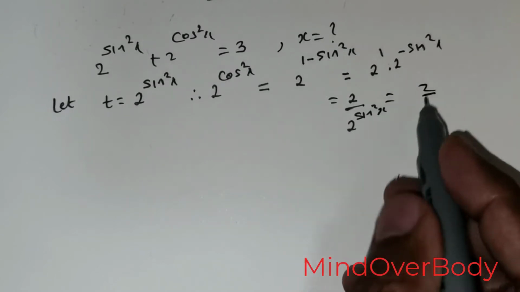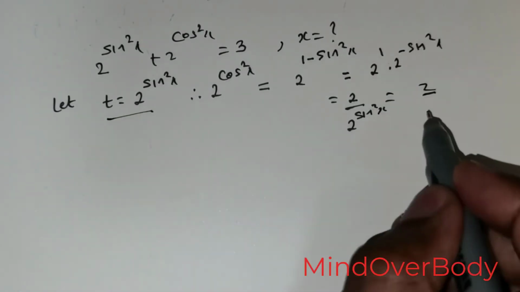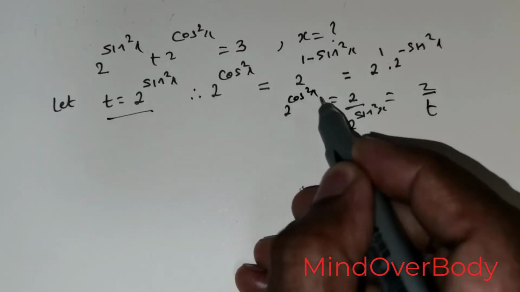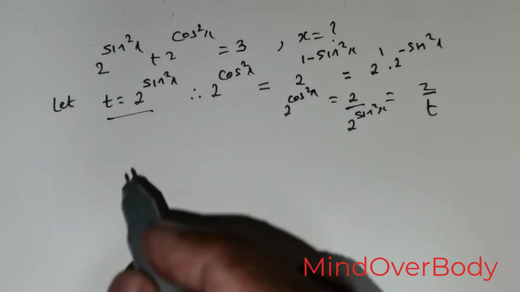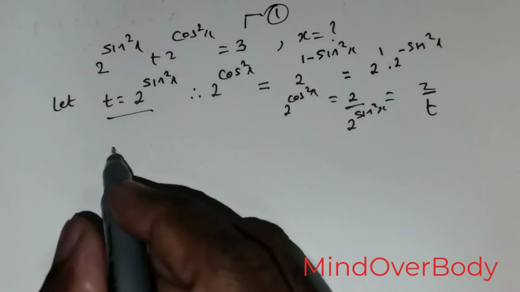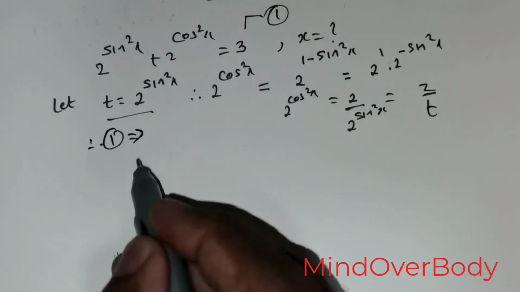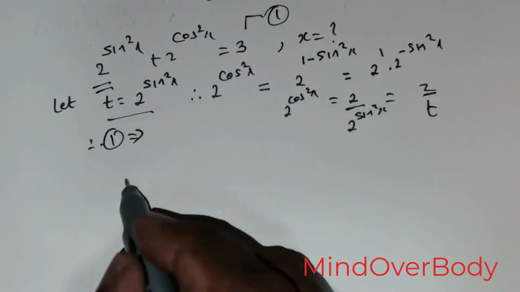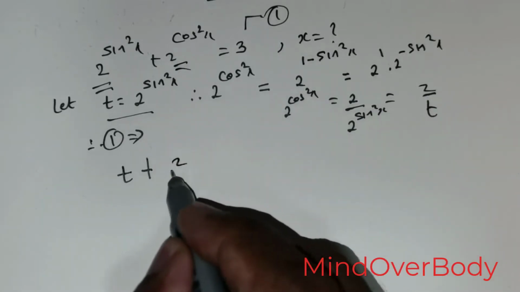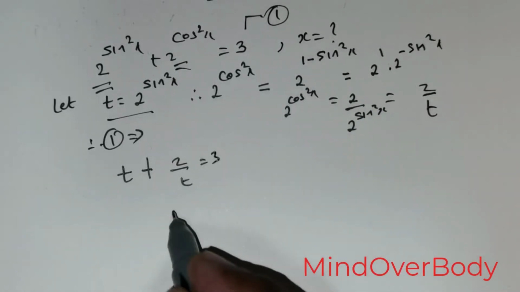Now this, 2 over 2 raised to the power sine squared x, is t, so I now have 2 raised to the power cos squared x as 2 over t. So therefore, if I take this as 1, in place of this I'm going to substitute t, and in place of this I'm going to use 2 over t, is equal to 3.